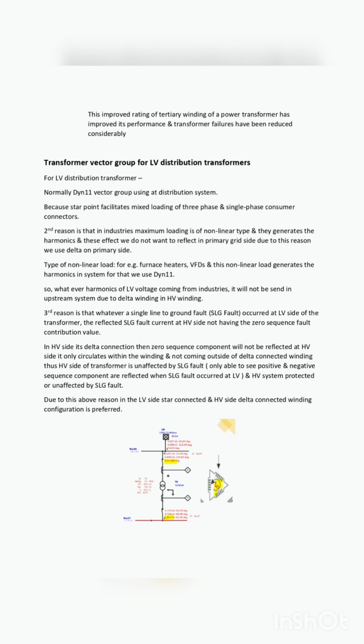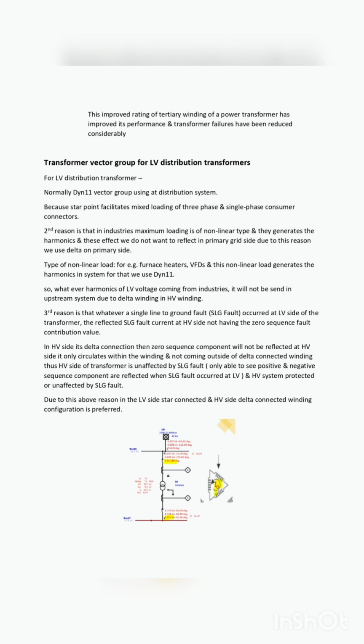Types of nonlinear load, for example furnace heaters and VFDs, generate harmonics in the system, and for that we use Dyn11. So, whatever harmonics of LV voltage come from industries will not be sent to the upstream system due to the delta winding in the HV winding.